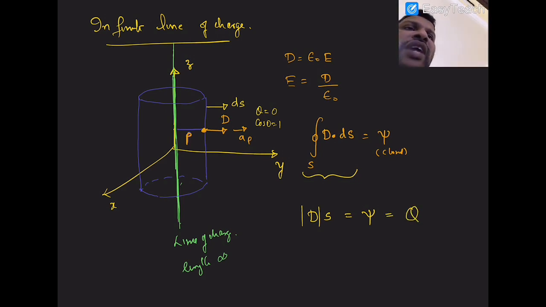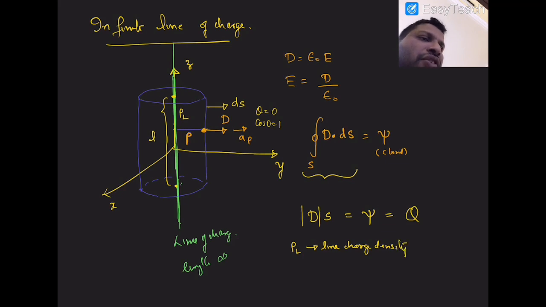And what is the charge in this surface? Let us assume that the length of the line where we consider this cylinder is L, and let us assume that the charge density is given as rho L, that is the line charge density. We have already discussed line charge density before, and L is the length.